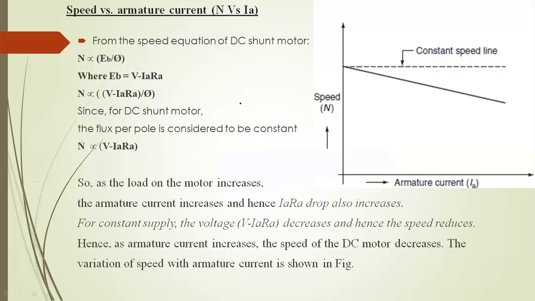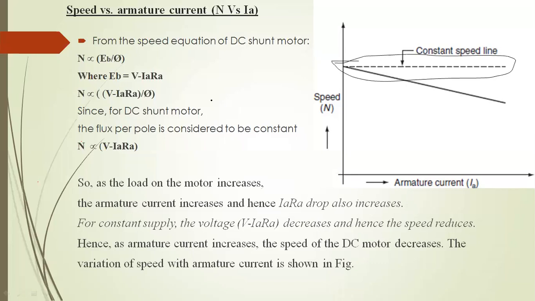Then this is the second characteristic, under the starting characteristics: speed versus armature current. Here, this is a constant speed line. Why? Because the voltage is kept constant, and the field current is also constant. That's why we get a constant speed.